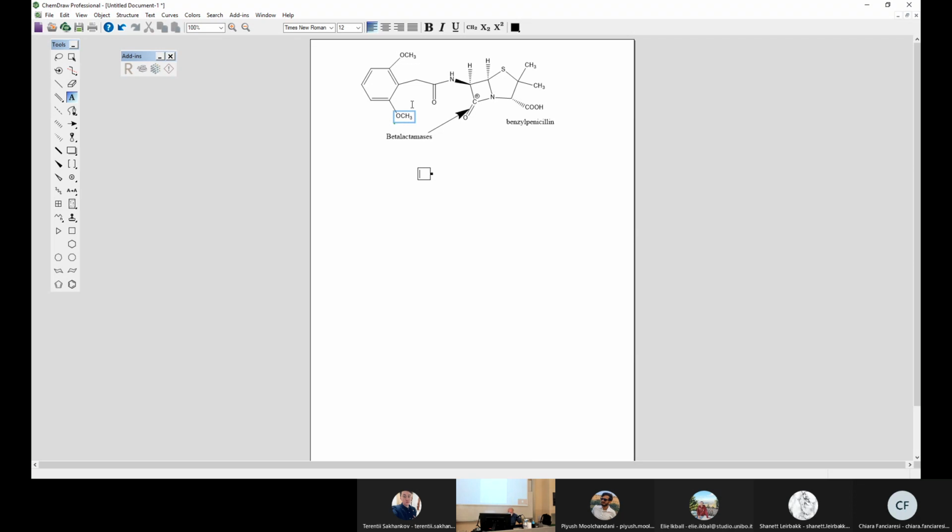The electron clouds of these substituents can protect the beta-lactams from the attack of the beta-lactamases. You know, the electronic clouds have negative charge.